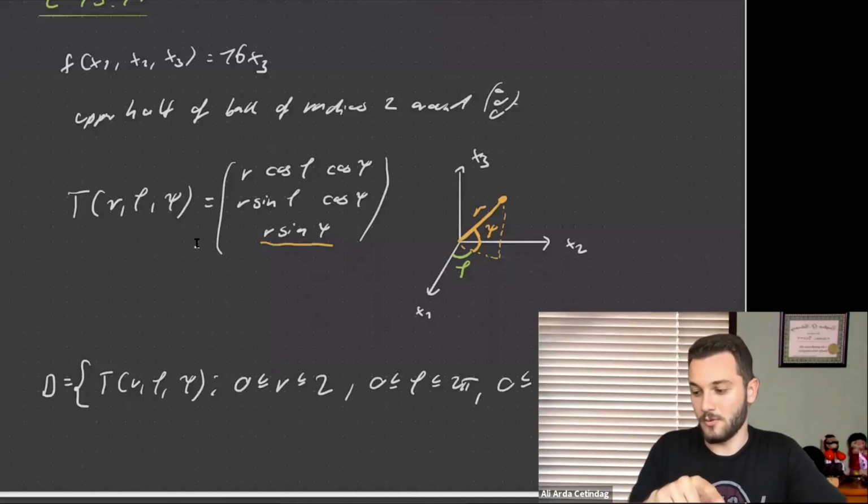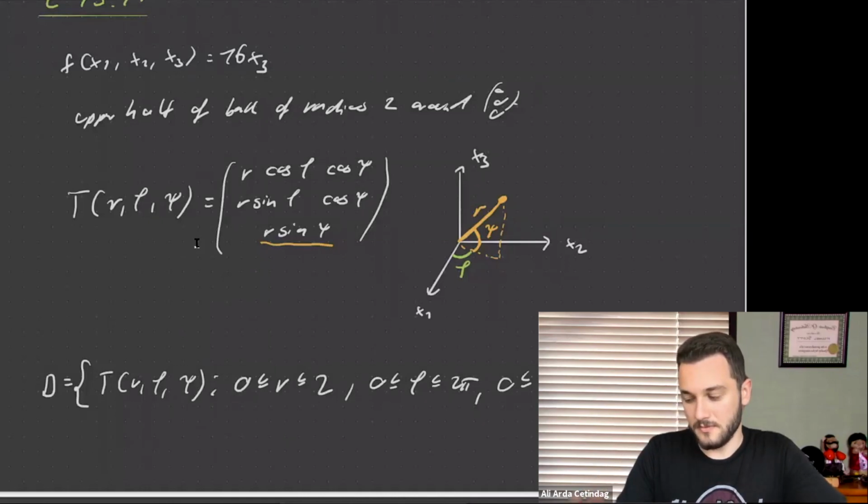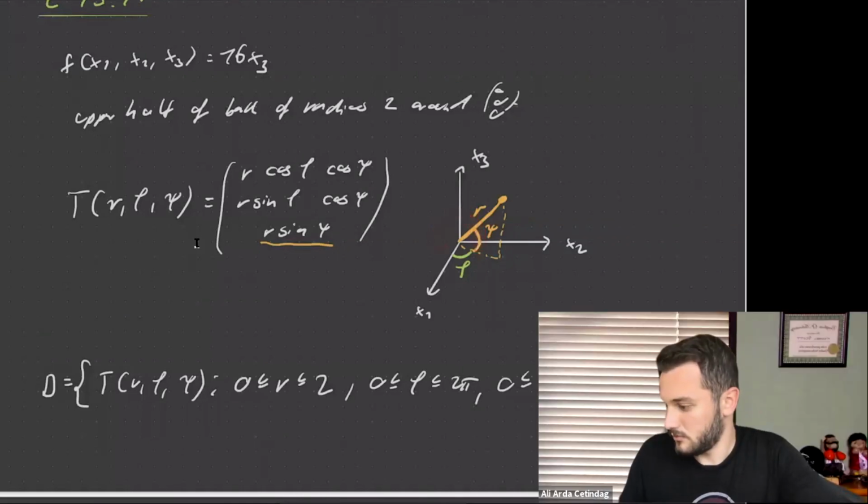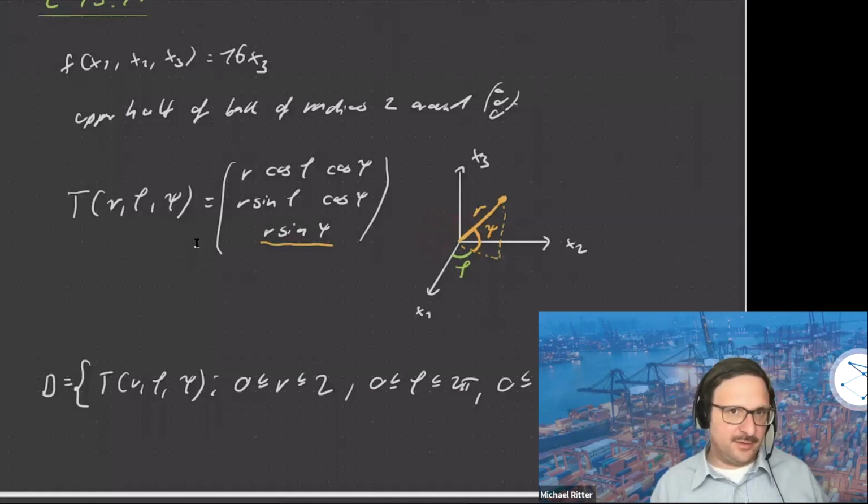And now one more question on that is, if we wanted to integrate over the whole ball, not just the upper half, would the upper bound of psi be pi? No. If we have psi vary between 0 and pi, we again get the upper bound, but we count all points in that area twice.